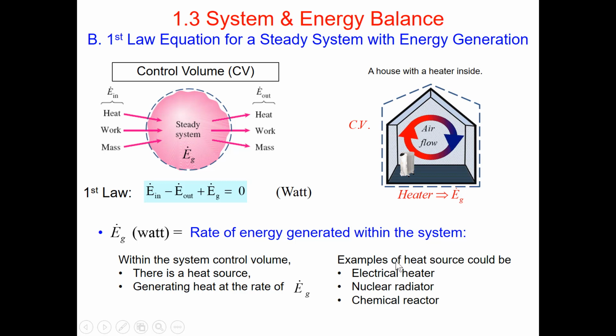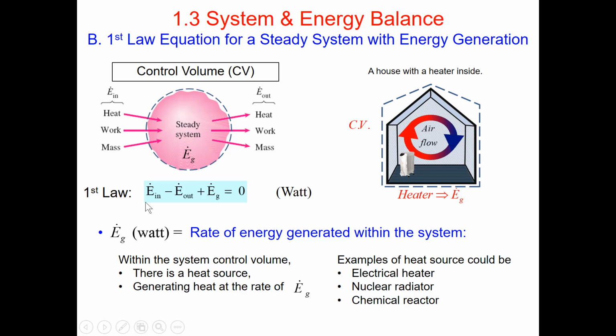In engineering applications, there are different heat sources. For example, electrical heater, nuclear radiator, chemical reactor. What they have in common is that they will generate heat within the system.